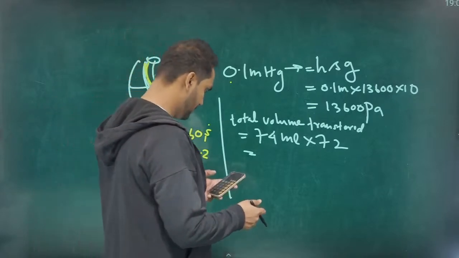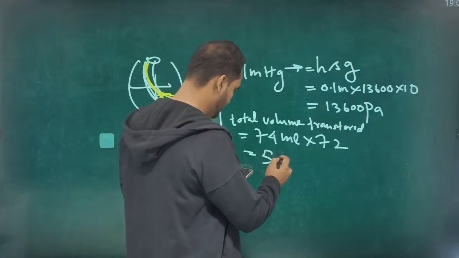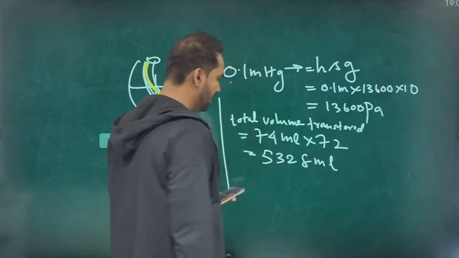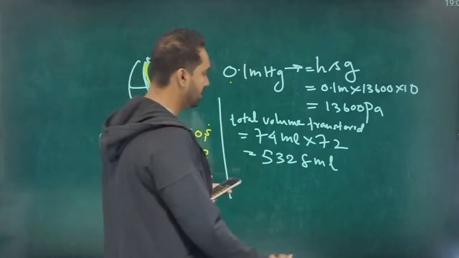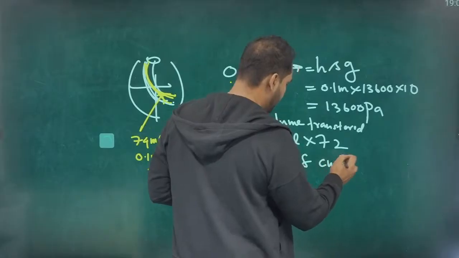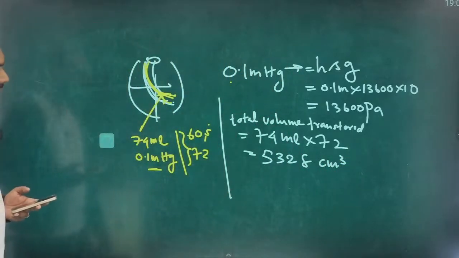Right, 74 into 72 is about 5,328 milliliters. Or you can take it as cubic centimeters. Milliliter is cubic centimeters basically. This much of a volume is there.